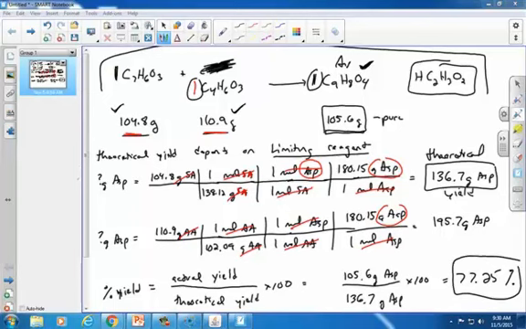These units cancel, right? A percent shouldn't have units because you're comparing an amount of something to the maximum amount of that same thing that you could have gotten. 77.25%, not great. So that person should probably improve their technique a little bit.